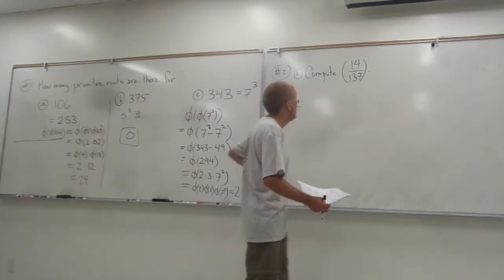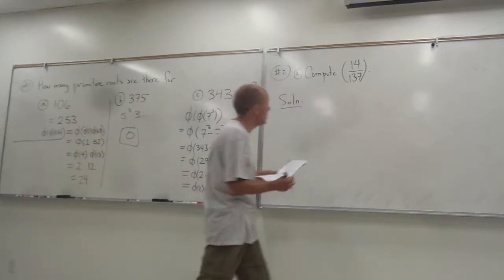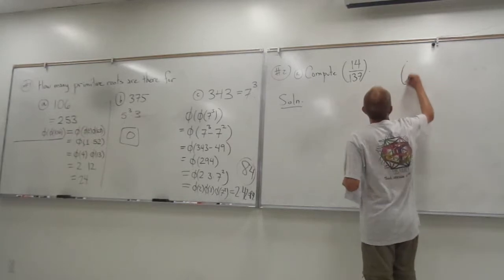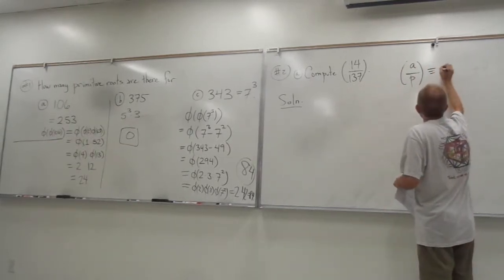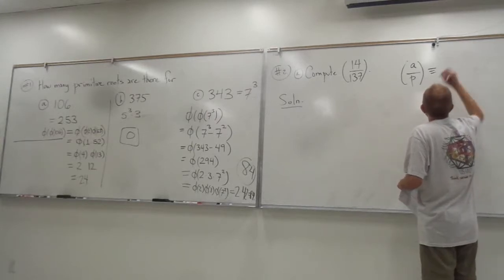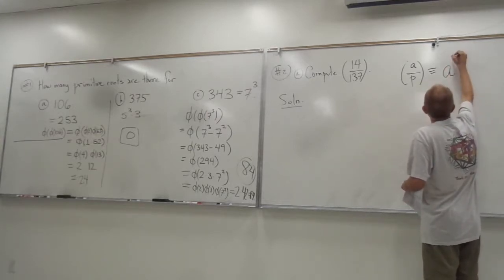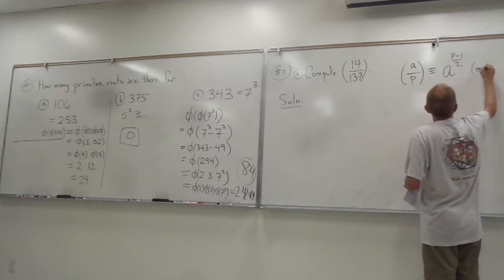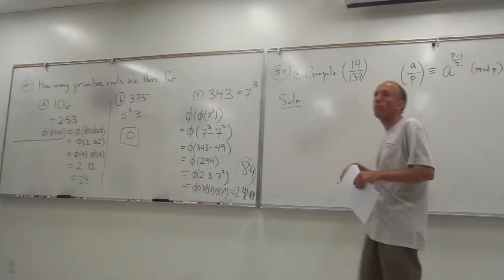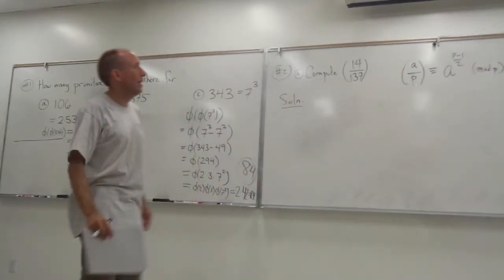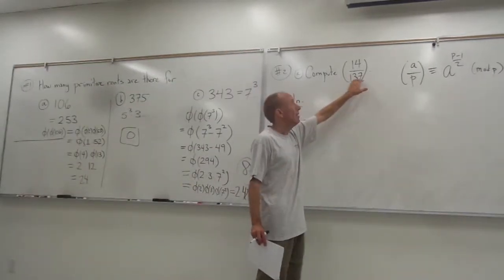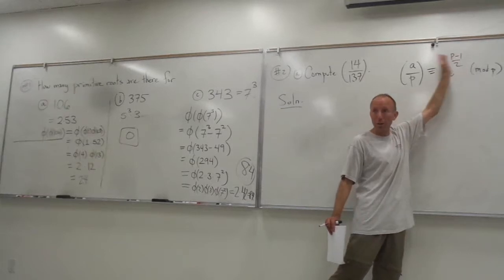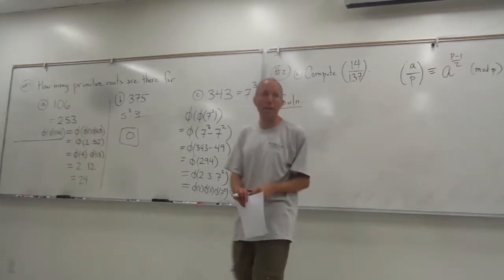We know that this Legendre symbol, if I have A with respect to P, is congruent to A to the P minus 1 over 2 mod P. So you can always brute force this thing, but if the modulus on the bottom is big, you're going to be looking at a really big power of A right here.